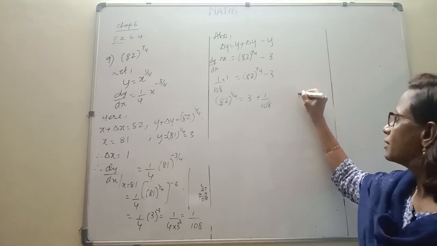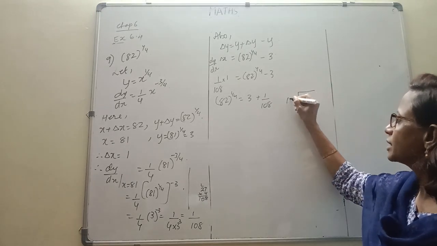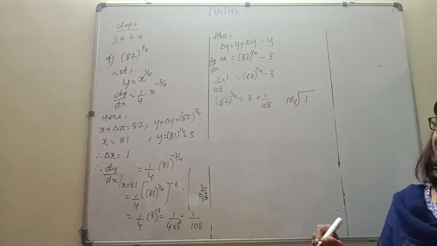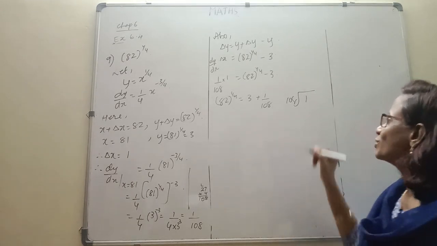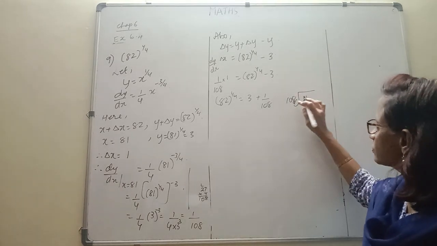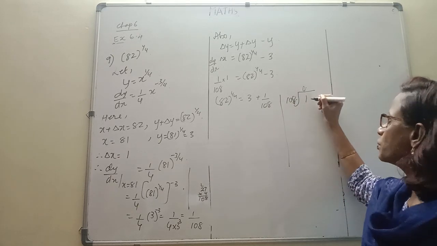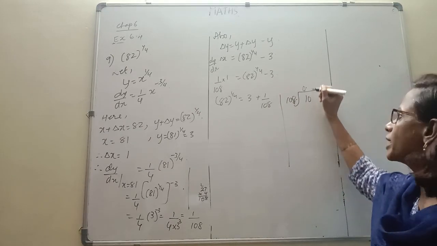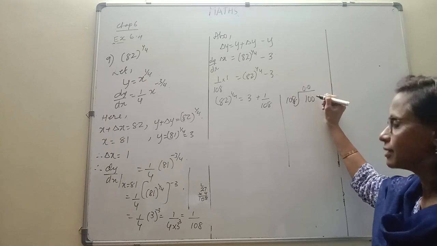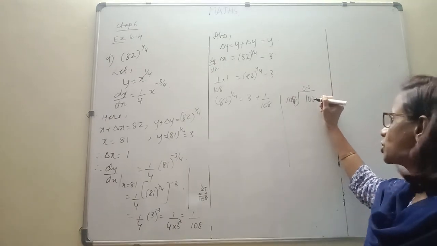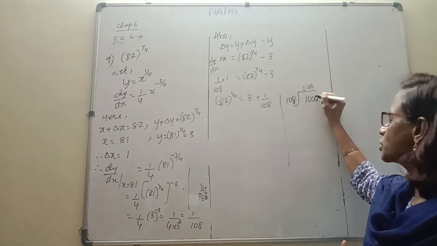So let's find 1 divided by 108, which I think is a little shorter than the other method. 1 doesn't divide, so 0 point; 0 and one more 0 gives 10, again doesn't divide; one more 0, 1000.